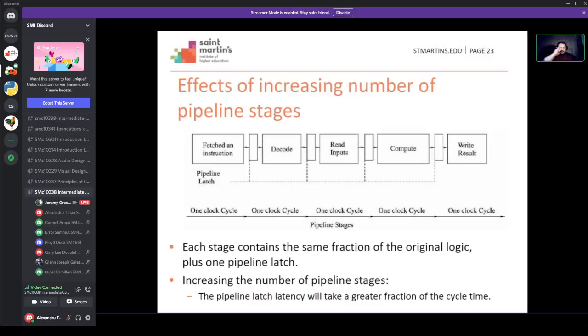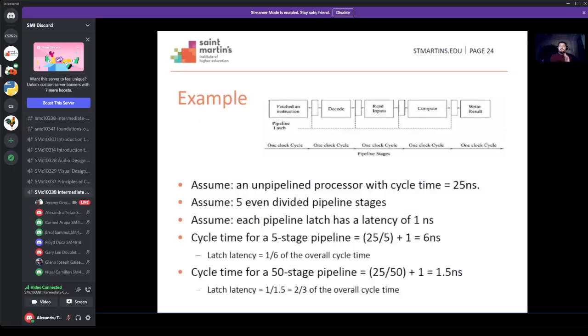What do I mean by this? So let's take a little bit of an example. Let's say that we have a processor which is unpipelined, and let's say that in order to execute an instruction, we need 25 nanoseconds. So we have 5 stages: fetch instruction, decode, read inputs, compute, and write result.